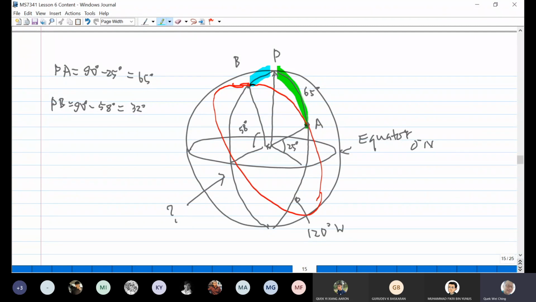And we are given that the small circle distance is small p here. This is a big P here, angle P. This big P, the small p is the quick circle distance here.